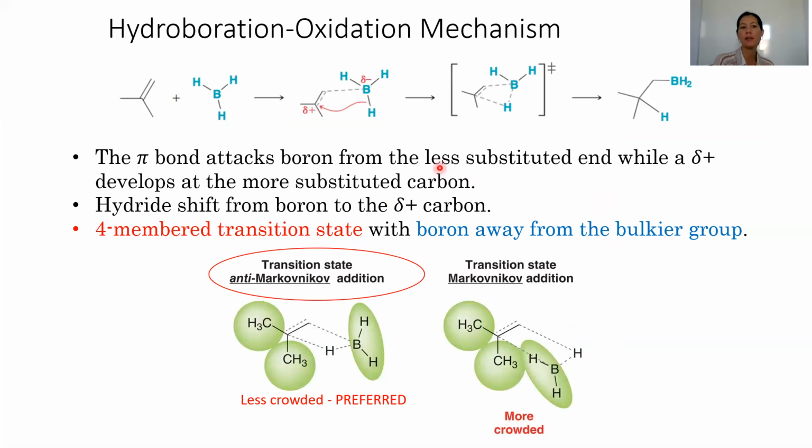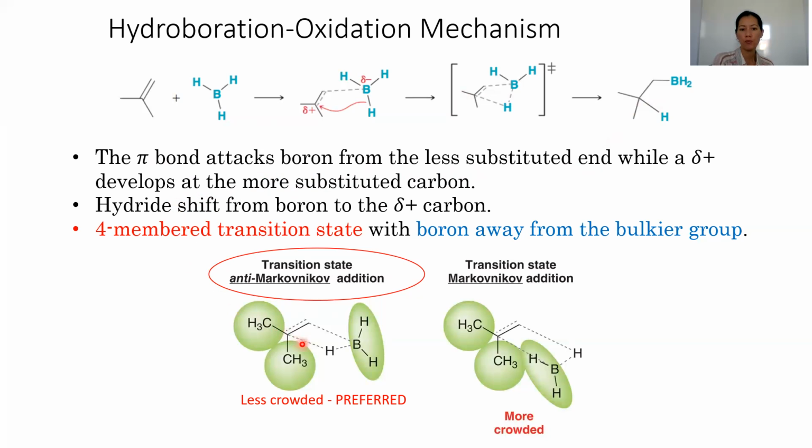The reason is when you add BH across the double bond, it goes through a 4-member transition state. The reason why it's anti-Markovnikov is the boron part is bigger than the hydrogen. So it wants to go away from the bulkier group to give you this. And so you're having the pi bond attack boron from the less substituted end, and the hydrogen is transferred.